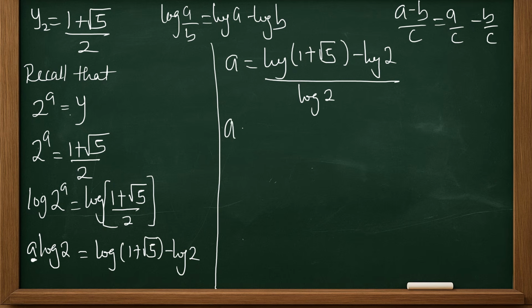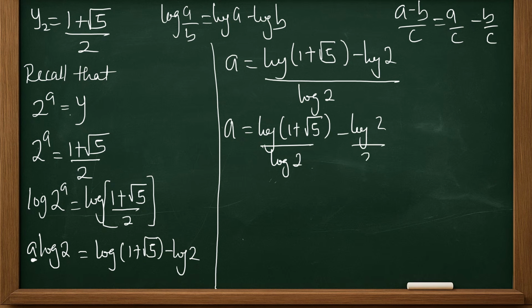So here we have a equals log of 1 plus root 5 over log 2, minus log 2 over log 2. So here you can have this cancelling out, to give 1.